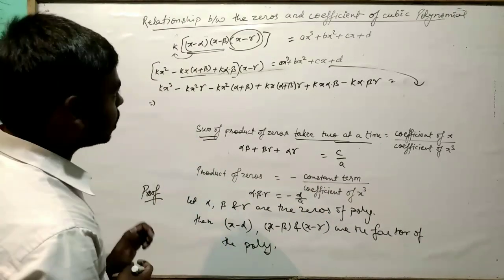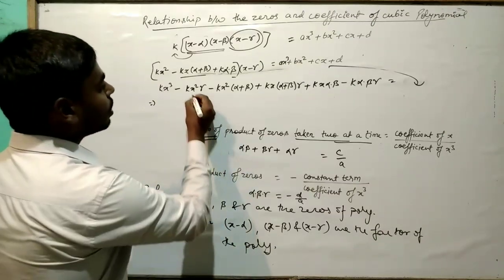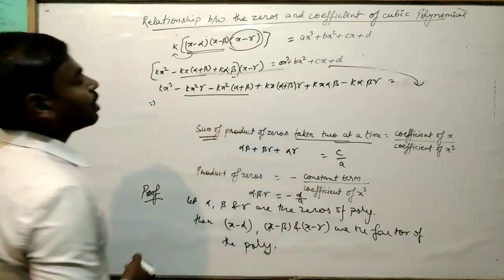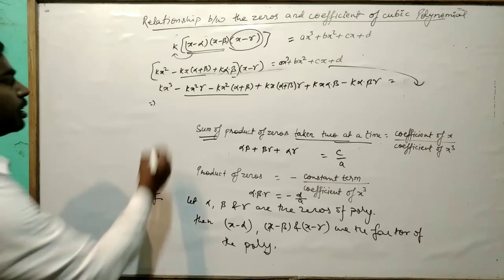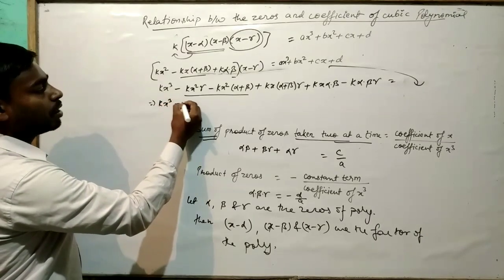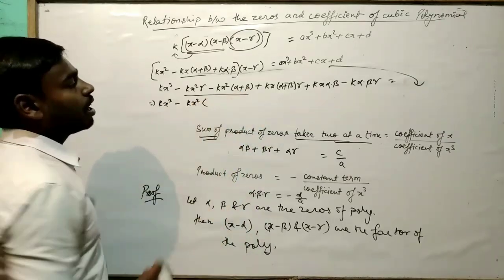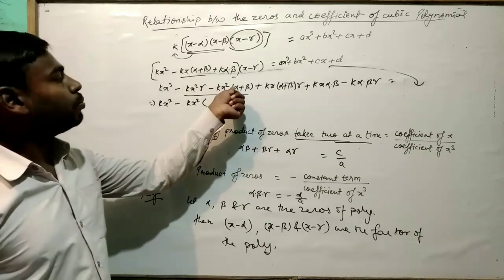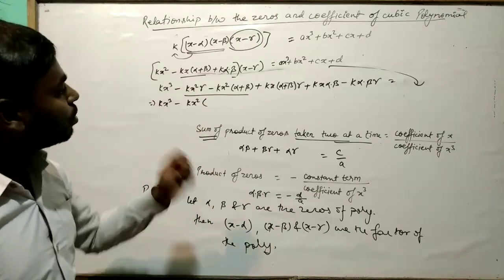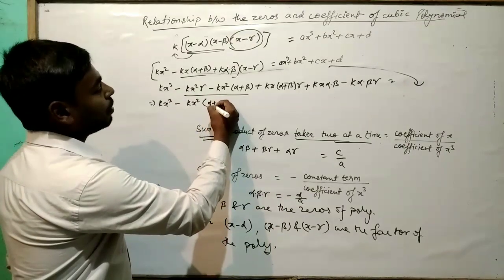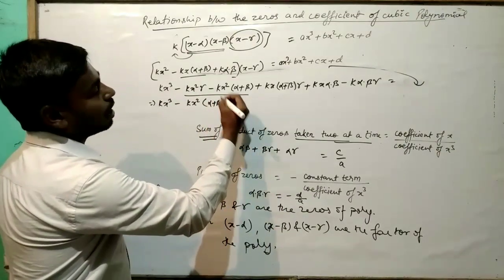Now we take kx square common. Then we write minus kx square into gamma plus alpha plus beta, arranged as alpha plus beta plus gamma.